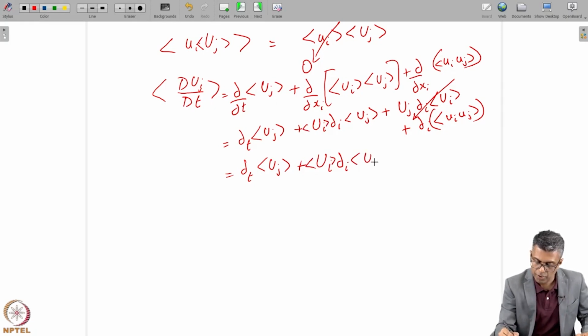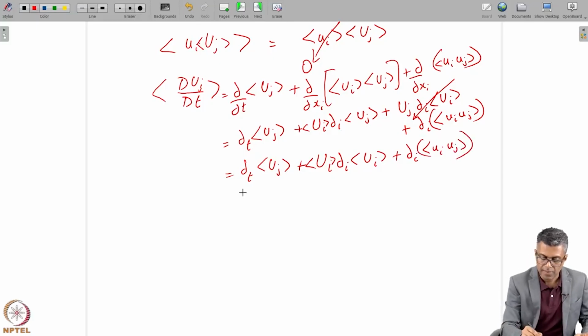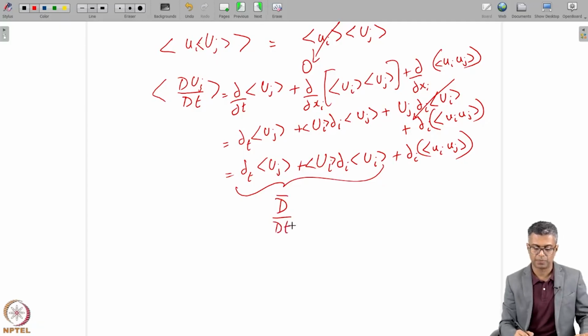Del_i Uj mean plus del_i Ui Uj Reynolds stresses. This right here is the mean substantial derivative of Uj.